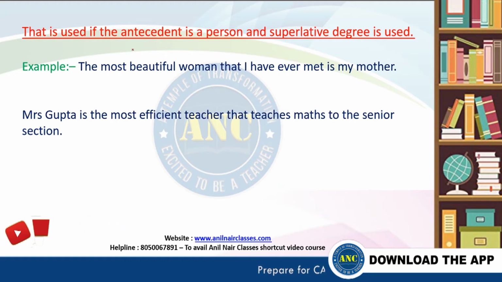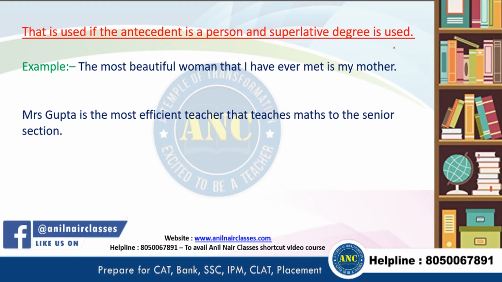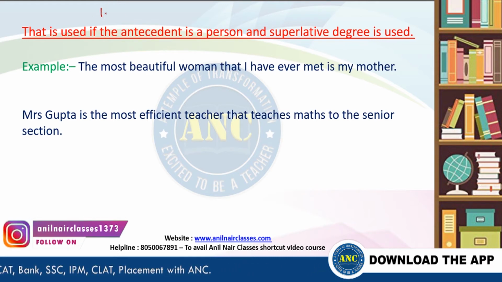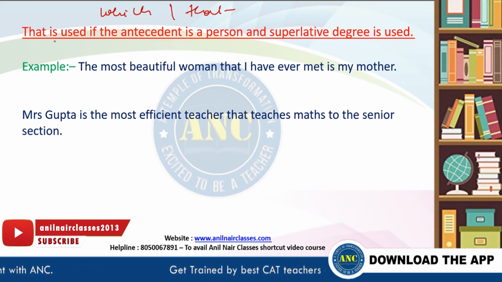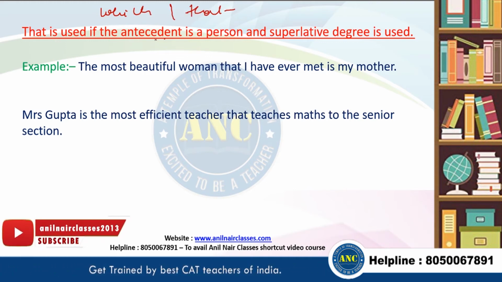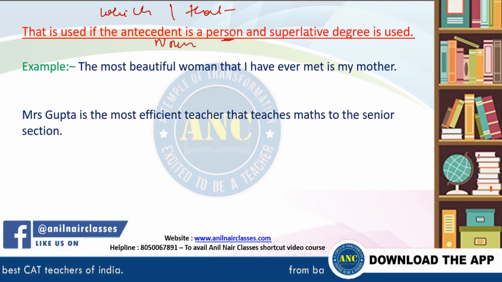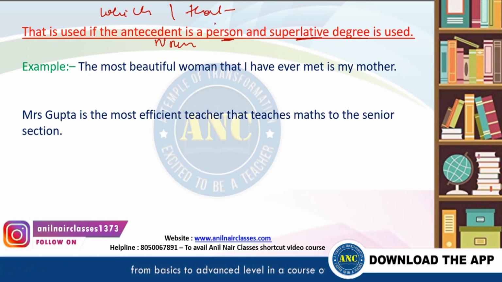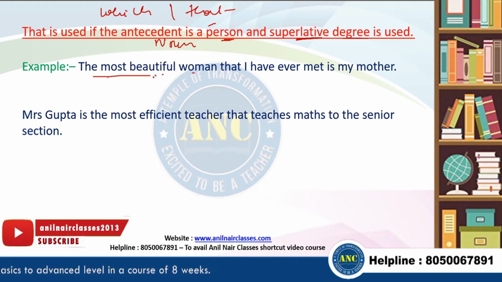That is used if the antecedent is a person and the superlative degree is used. Now we remember we discussed which and that, right? How to decide whether I have to use which or that? If the antecedent, the noun to which your pronoun refers, is a person and that person also has a superlative degree, only then we'll use that. For example, the most beautiful woman that I have ever met. The most beautiful is in the superlative degree.